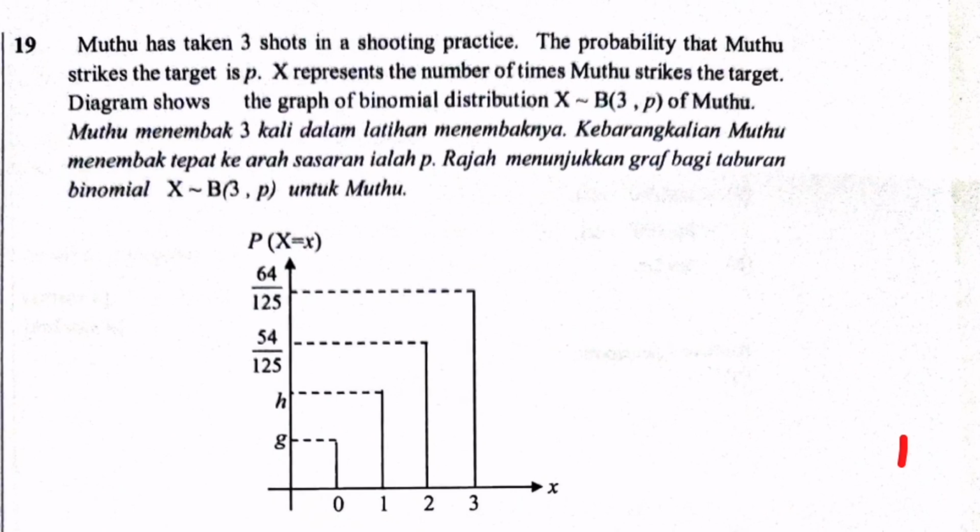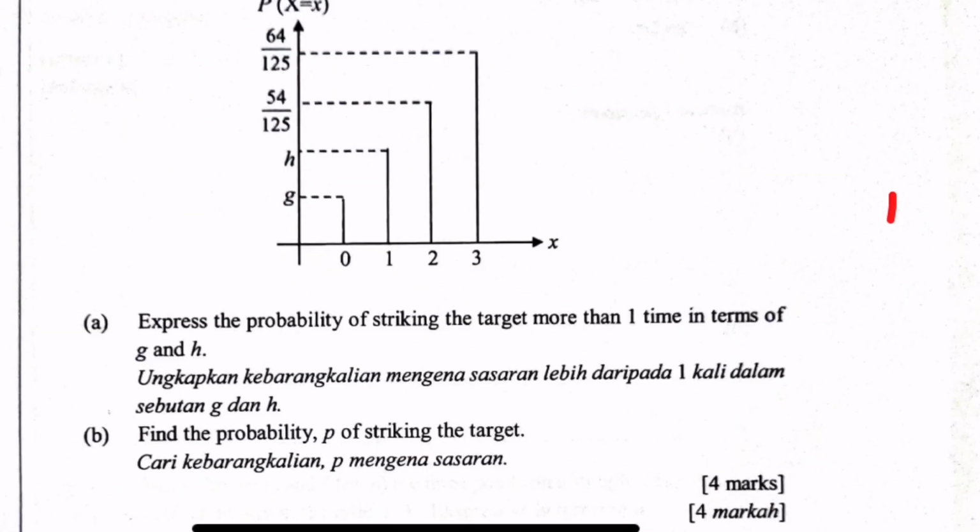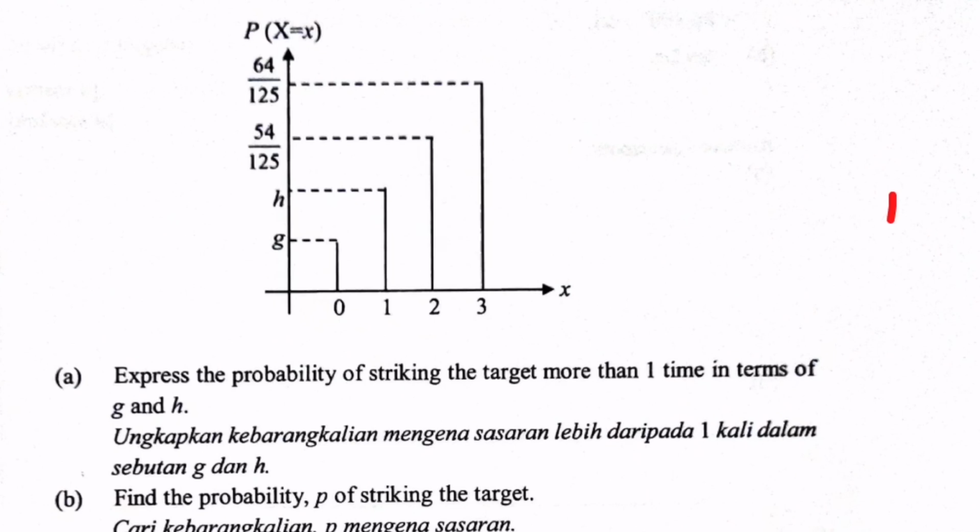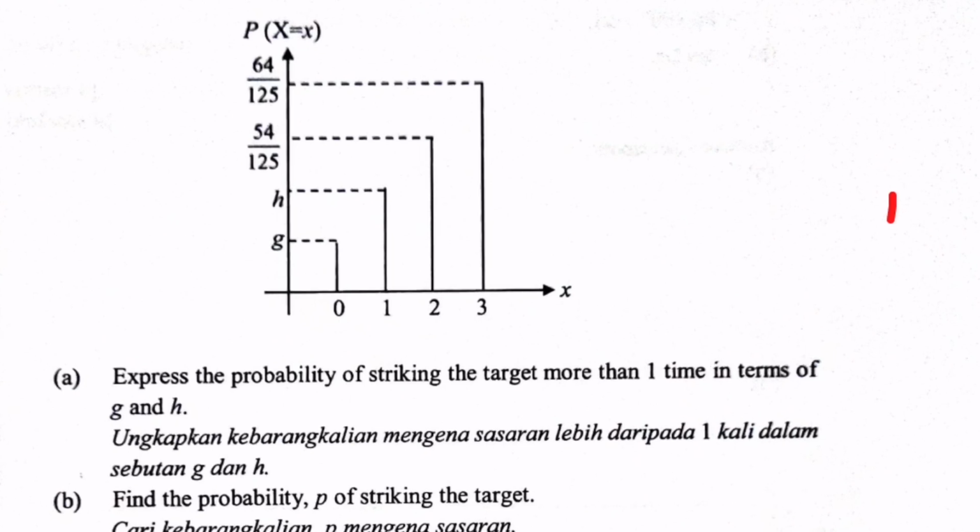There are 3 shots, so n is 3, right? Express the probability of striking the target more than one time in terms of G and H. That means your answer must contain G or H or a number.